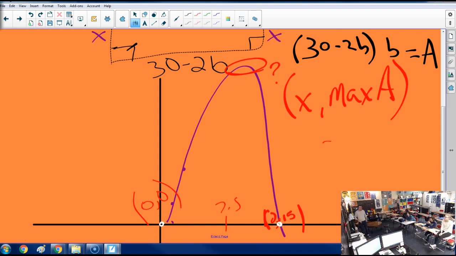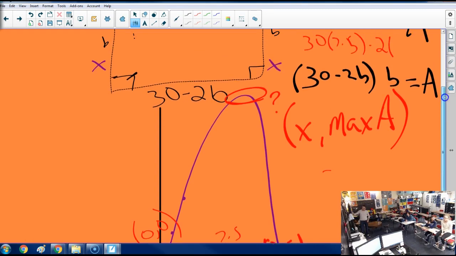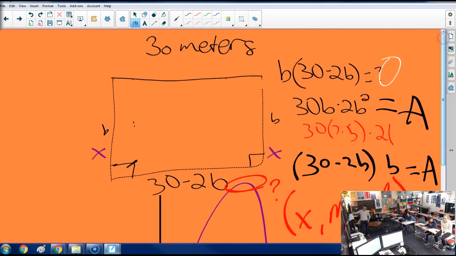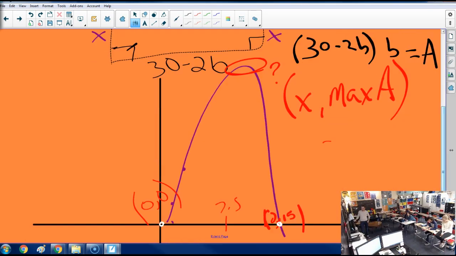I'm not saying factoring it would have been easy, but the quadratic formula that we talked about at the beginning of the lesson, our equation here is negative 2b squared, because the parabola flips upside down, plus 30b plus 0, equals 0. So a, b, c, if we plug this into the quadratic, you quickly would have found that your 0 points are at 0 and 15. And this is actually 15, 0, by the way.